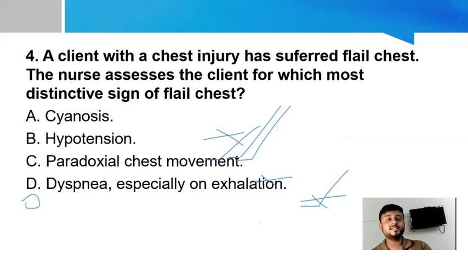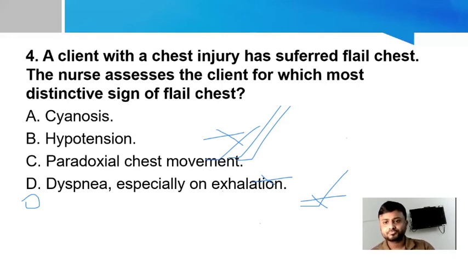During inhalation we are expanding our chest, but at the same time the fractured ribs go opposite to the other true ribs and false ribs.